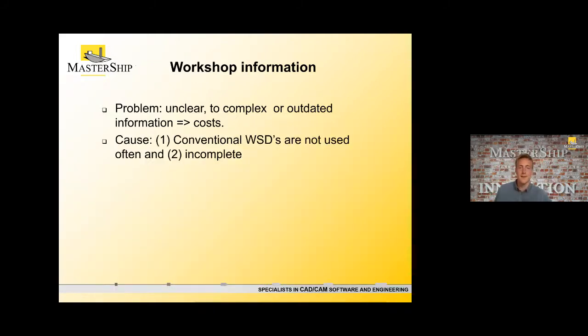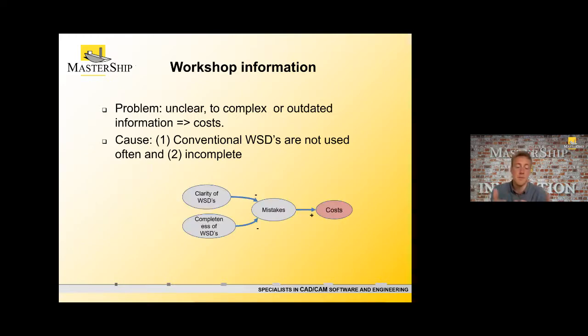All right. Yeah, one of the problems is that the conventional workshop drawings are not used very often, because they are not always easy to understand. Sometimes you have to use maybe 5 to 10 minutes before you even understand the 2D drawing that you have. And second, the workshop drawings are very often not complete.